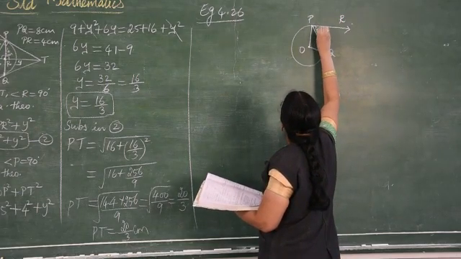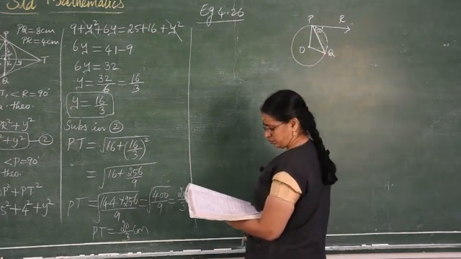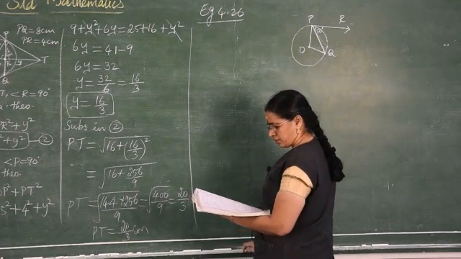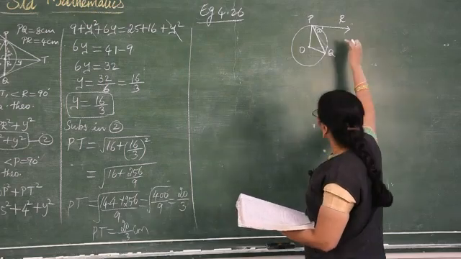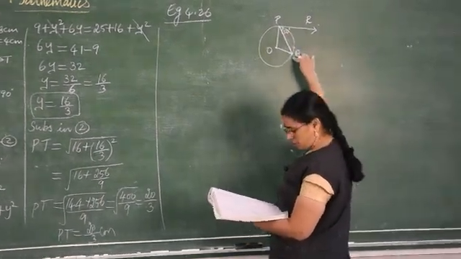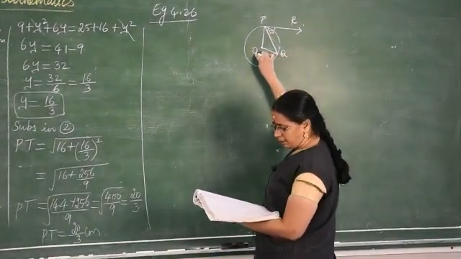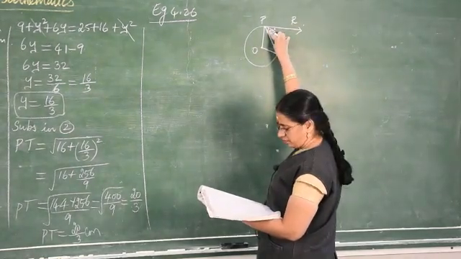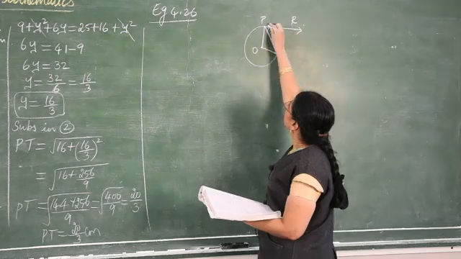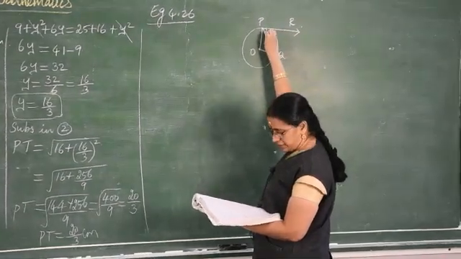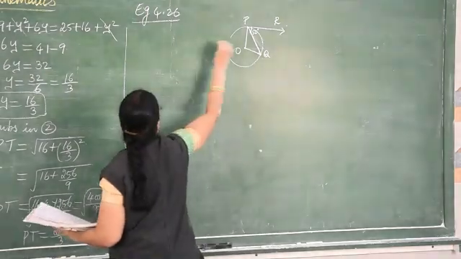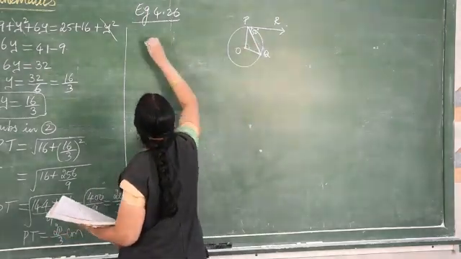Here they have given 50 degrees. Find the angle. The tangent is PR. PR is the tangent, PQ is the chord, O is the center of the circle. PR makes an angle of 50 degrees with PQ. So here it will make 50 degrees. We need to find the angle POQ. This angle we are going to find.